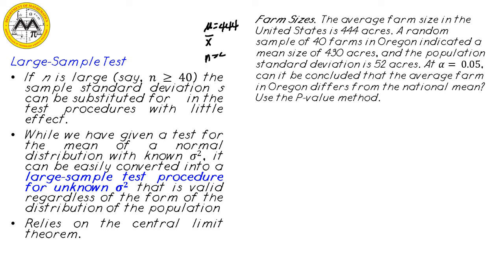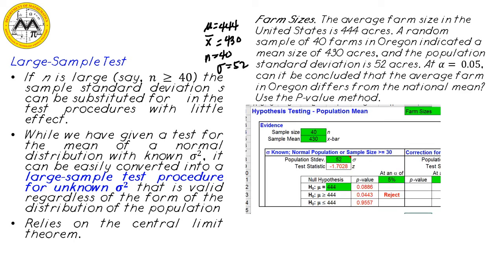There is a sample of 40 which yields 430 and a standard deviation of 52. At alpha 0.05, can it be concluded that the average farm in Oregon differs from the national mean? Use the p-value. So we plug in x bar 430, n is 40, sigma is 52, and mu is 444.